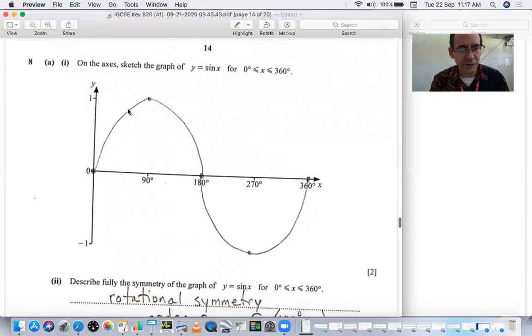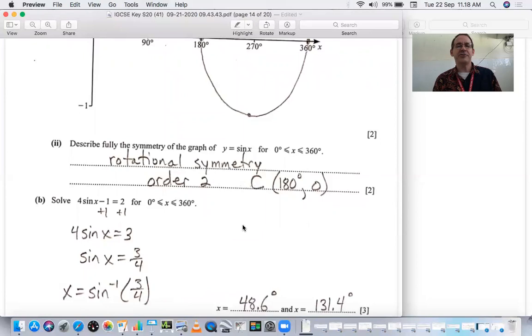So all you have to do is basically graph the quadrantal values. Sine at 0 is 0, sine of 90 is 1, sine of 180 is 0, sine of 270 is -1, and sine of 360 is back to 0 again. And then just draw your curve, concave down for this one, concave up for this side, and there's your basic sine graph.